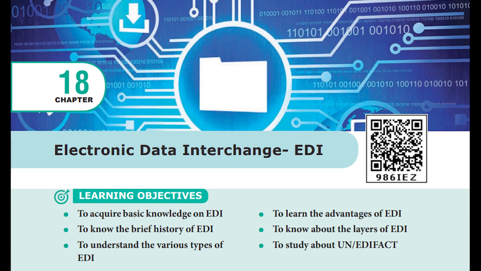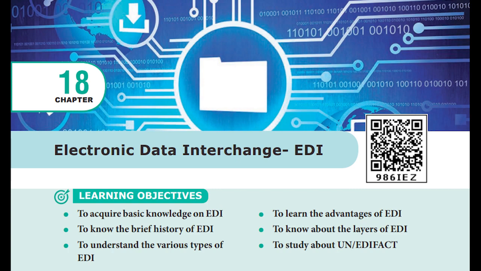And then we'll be seeing the EDI components also. For everything it will have some components, right? So for this electronic data interchange also will have some components. It will have a standard document format. Okay, as I said before, for every business they will have a standard document format. So for this also it will have a standard document format, and then translator and mapper will be there.